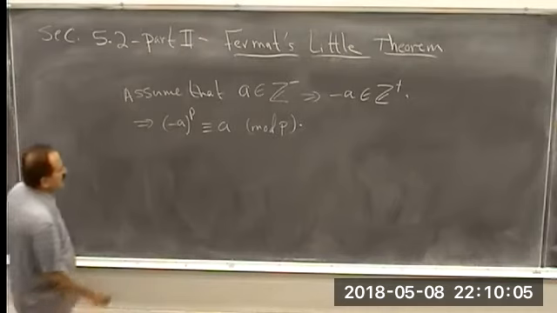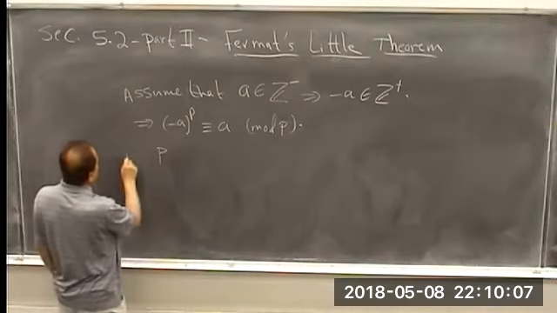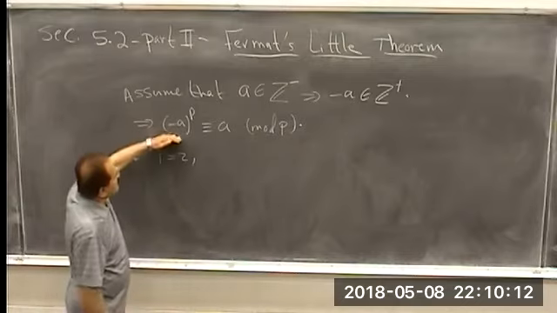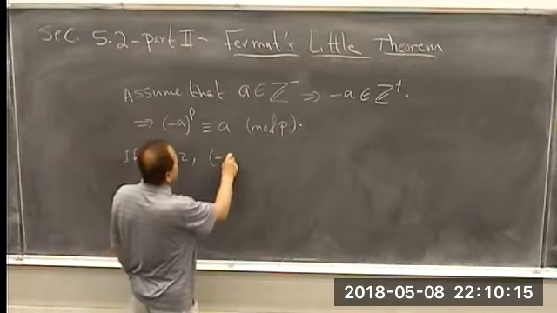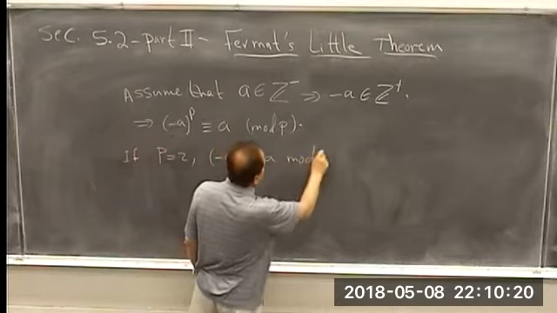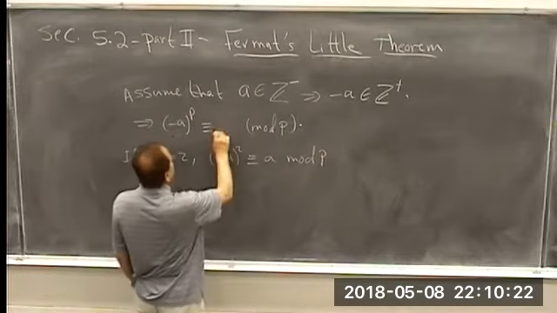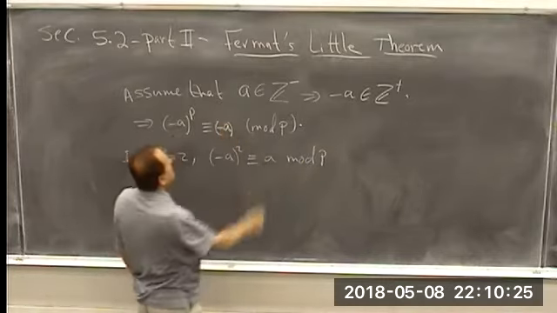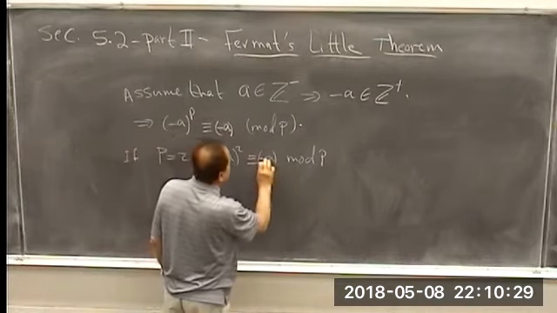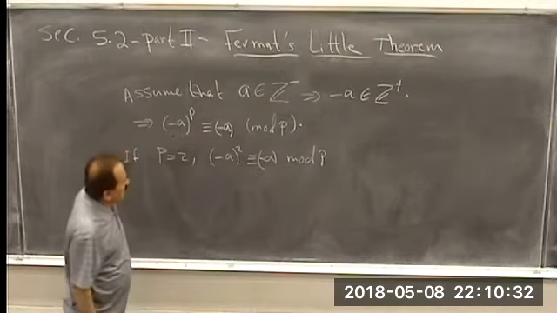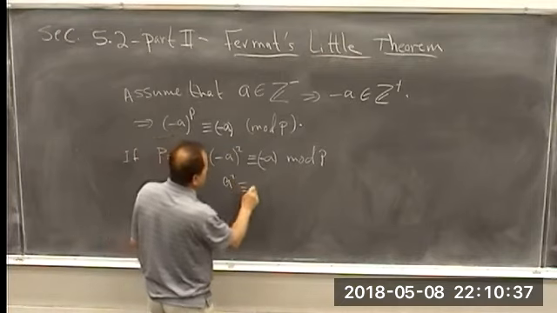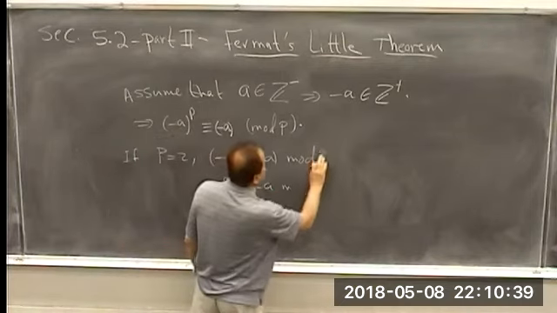If p is equal to 2, this statement becomes a squared is congruent to negative a mod 2.